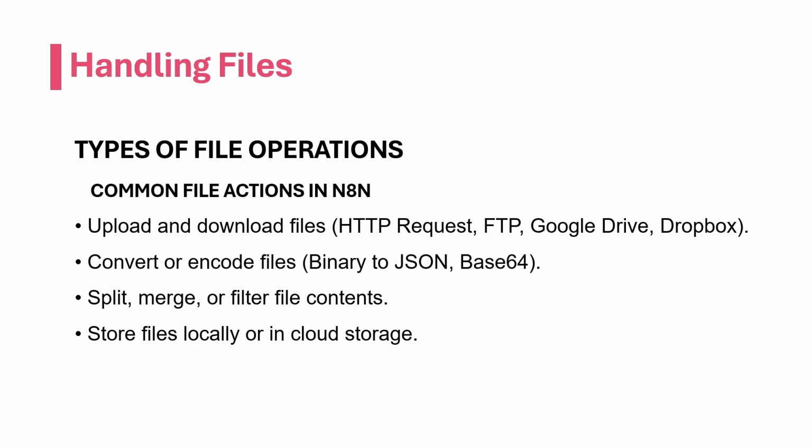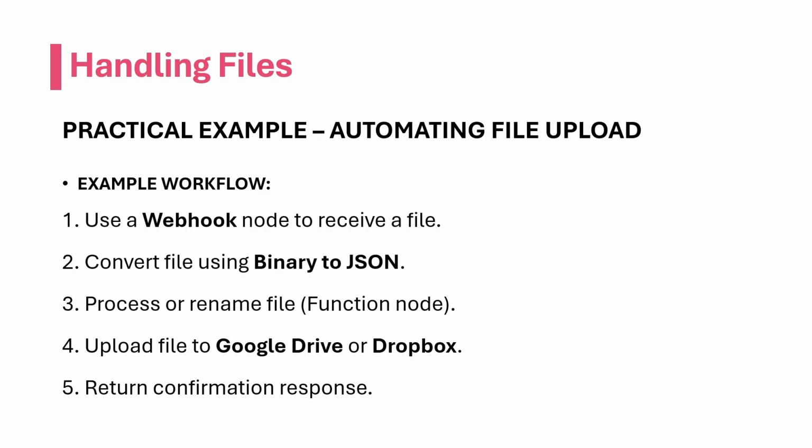Also, you can split, merge, or parse the file contents using function or spreadsheet file nodes. This is majorly used for advanced cases, and you can also save processed files locally or push them back to cloud storage.